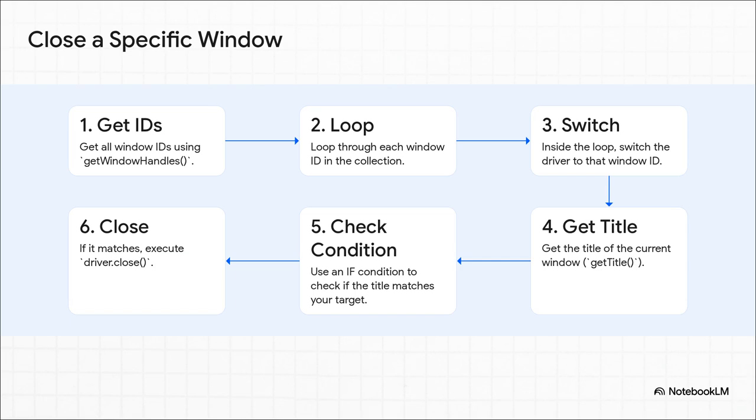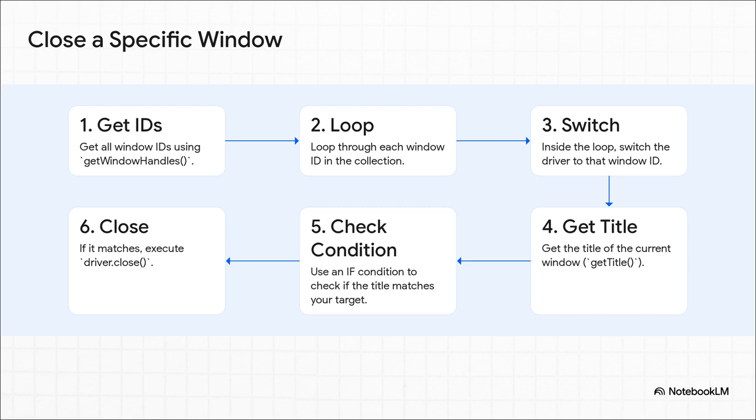So, how do you close one specific child window while leaving the parent one open? Well, the logic is actually pretty elegant. First, you get all the window handles. Then, you loop through them. Inside that loop, you switch the driver's focus to each window, one by one. You grab something unique, like its title, and you check if that title matches the one you're looking for.